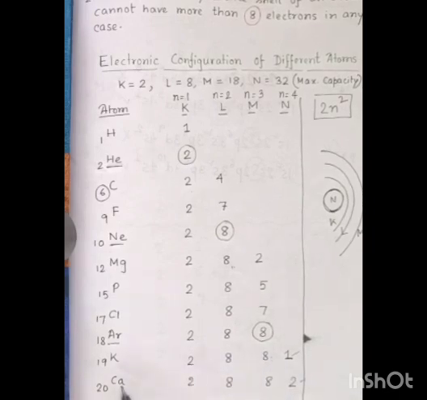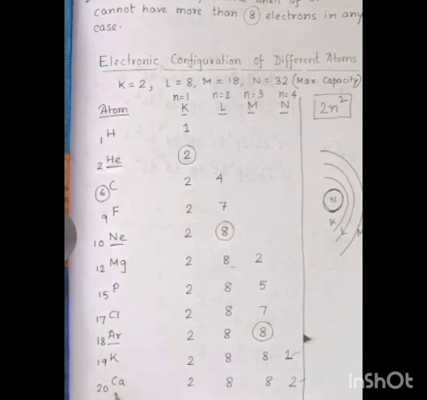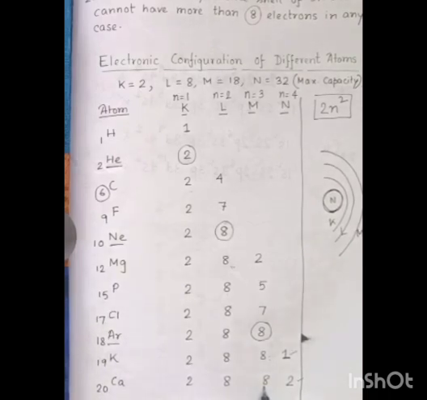For calcium also, you can see it has total 20 electrons, out of which 2 will move to the K shell, 8 will obviously enter the second shell, L shell. Now it is left with 10 electrons, so you can say 10 electrons can stay here in M shell, but no, according to Bohr-Bury's second rule, you know that it cannot accommodate more than 8 electrons at a time.